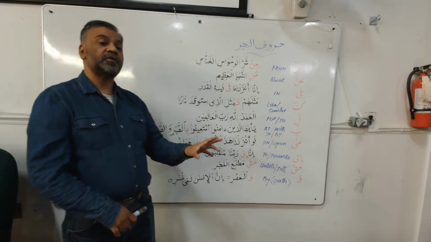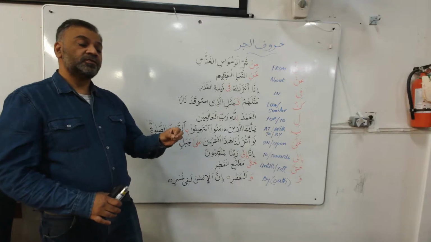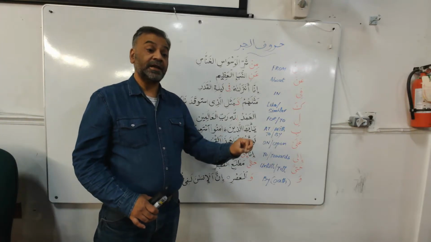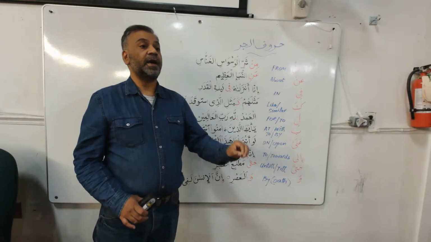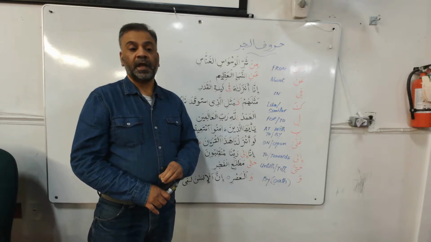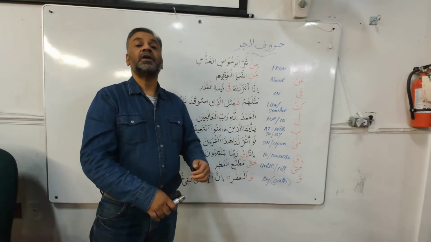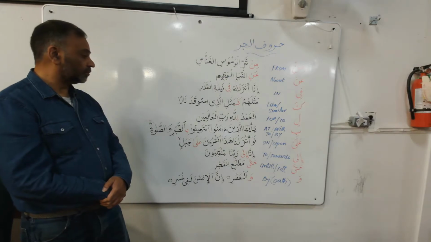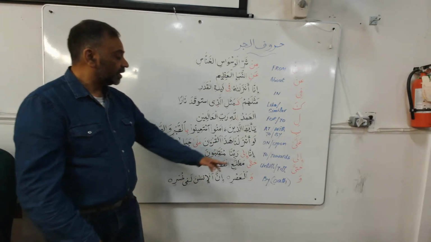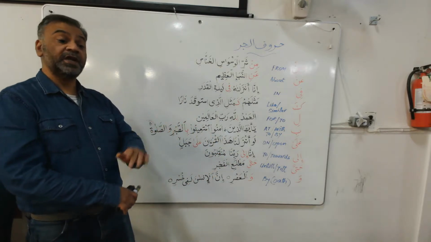So the first thing we're doing here is trying to understand that whenever there is a harf jar that comes in, it would be followed by an ism which would be majroor in nature. And then we'll continue and build on this concept. Ila. Inna, indeed we.